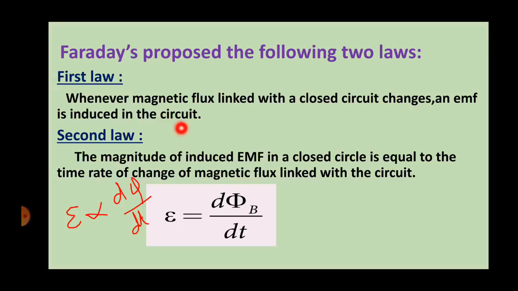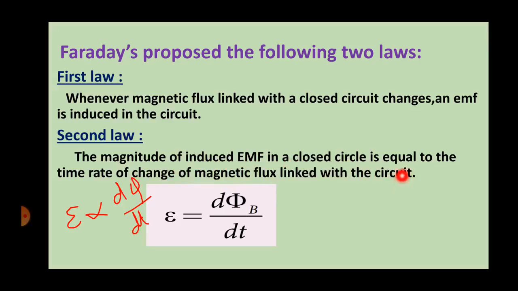So students, the induced EMF lasts so long as the change in magnetic flux continues. This is Faraday's first law. And go to the second law. The magnitude of induced EMF in a closed circuit is equal to the time rate of change of magnetic flux linked with the circuit.